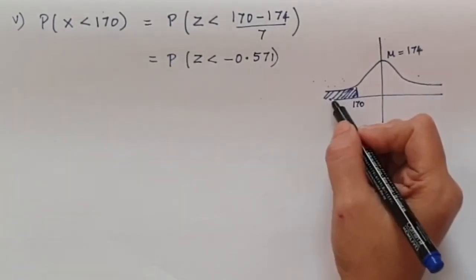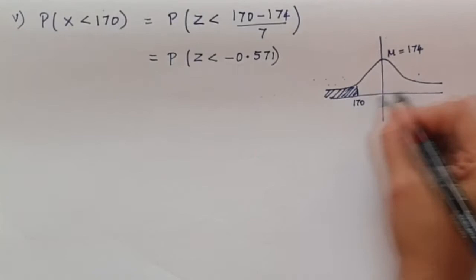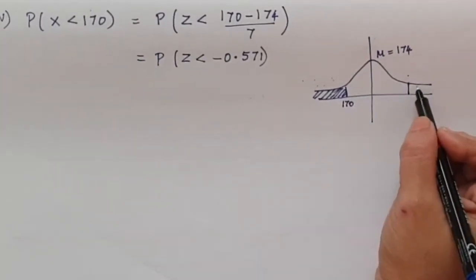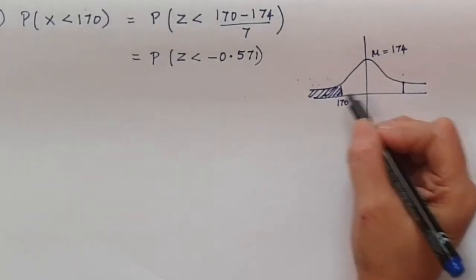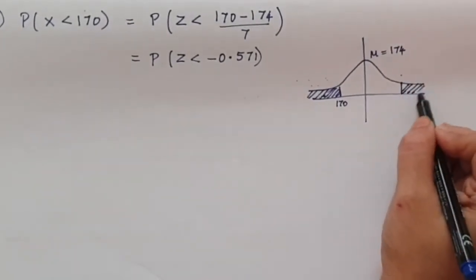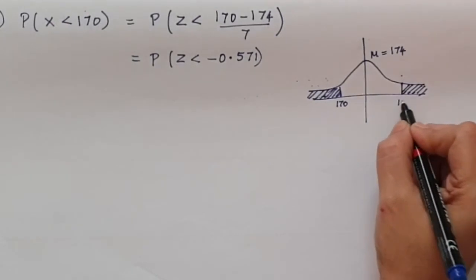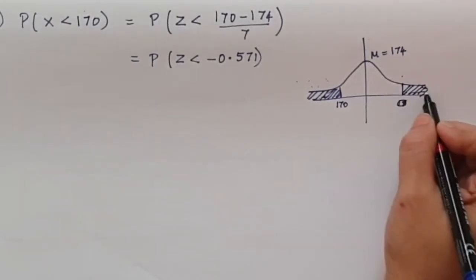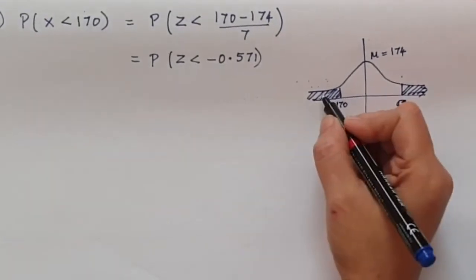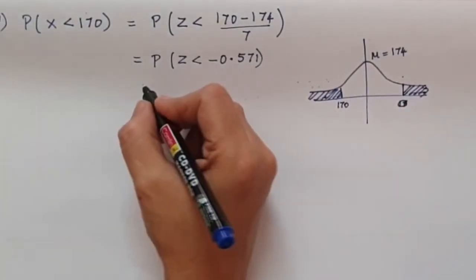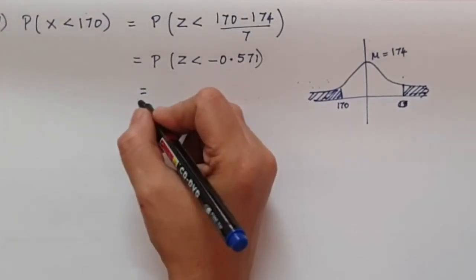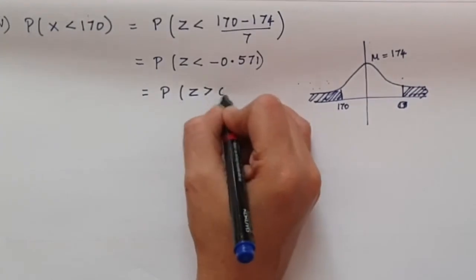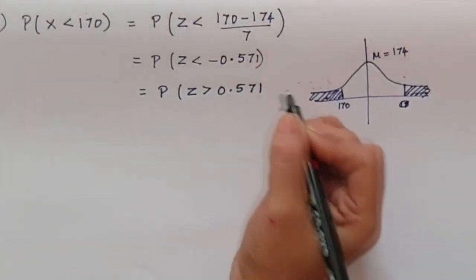In order to get to the left side, we just find the values on the right side, because we know the curve is symmetrical. If we can find these values, then it will be similar to this. So this can be written as the probability of z greater than 0.571.